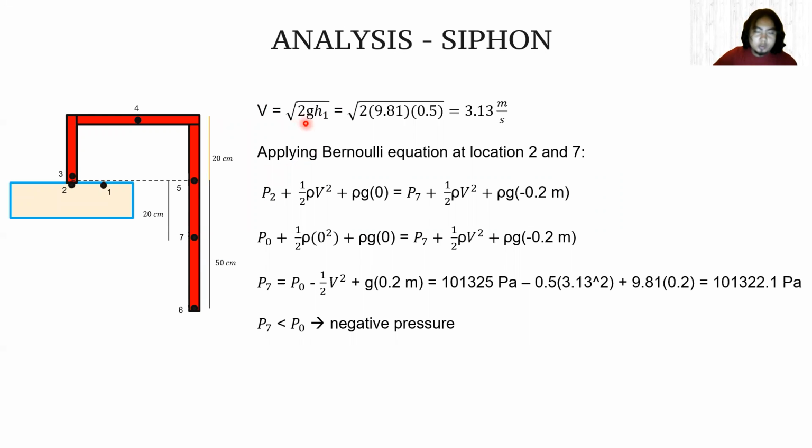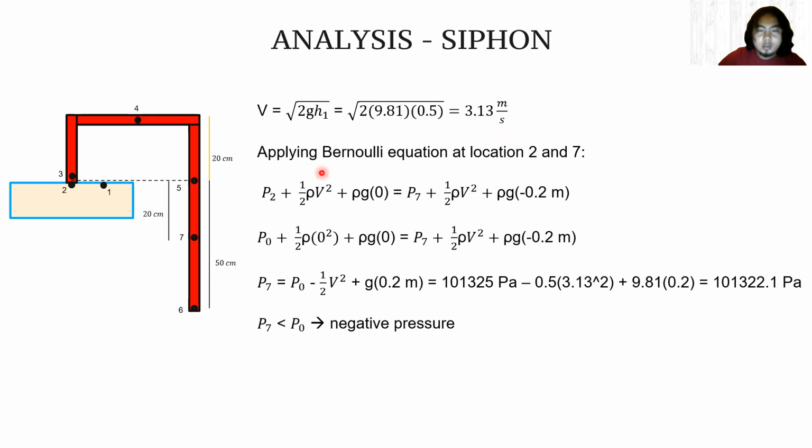By calculating V using this formula, where g is gravitational acceleration, 9.81 meters per second squared, and H1 is 50 centimeters or 0.5 meters, the velocity is obtained to be this value.